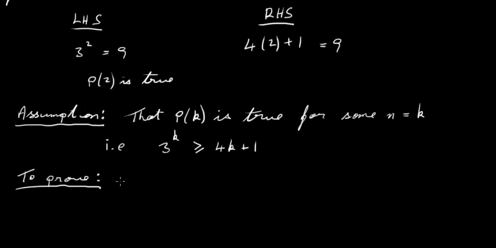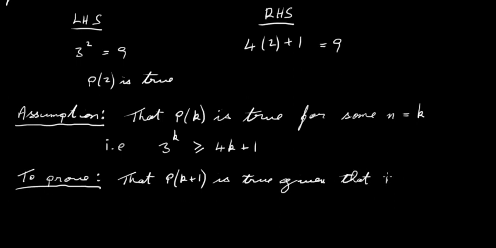So we want to prove that Pk plus 1 is true, given that Pk is true. So if we assume this is true, then we're going to prove that the next number after k, Pk plus 1, will be true.